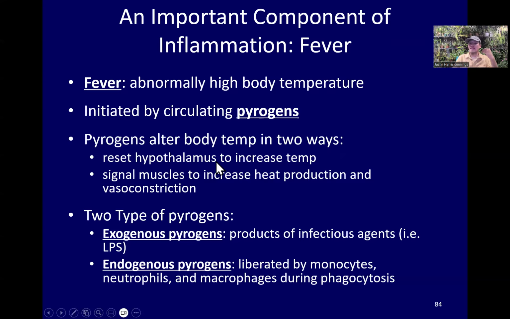And these are molecules that, once they get into the circulatory system, will travel up into the brain, into the hypothalamus, which is what regulates temperature within the brain, and it resets the hypothalamus and increases that temperature, and it causes the body to increase its temperature in response to these molecules. And this is why our body becomes feverish in response to some infections.